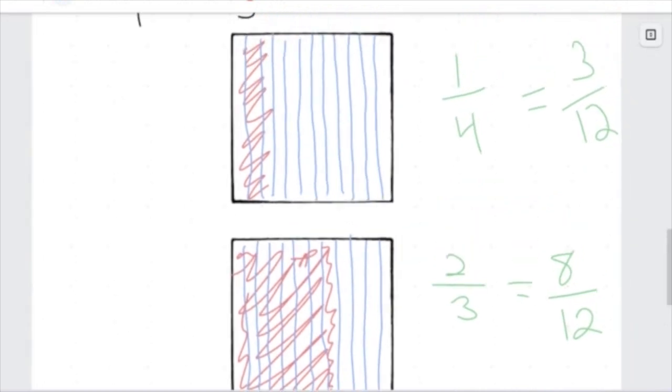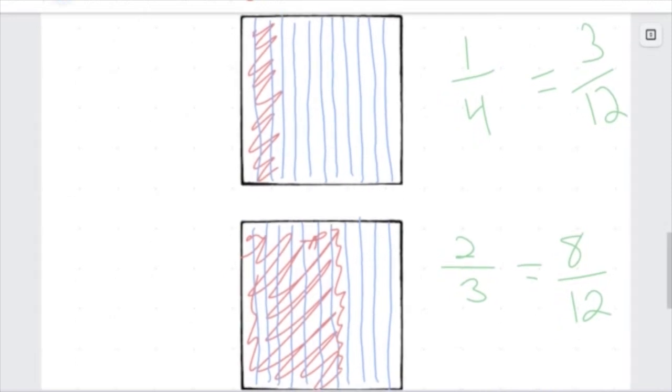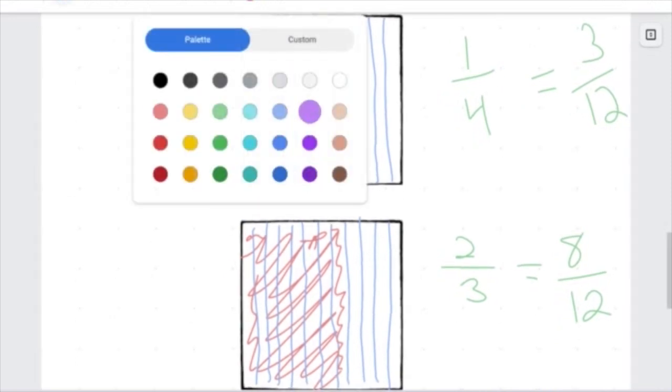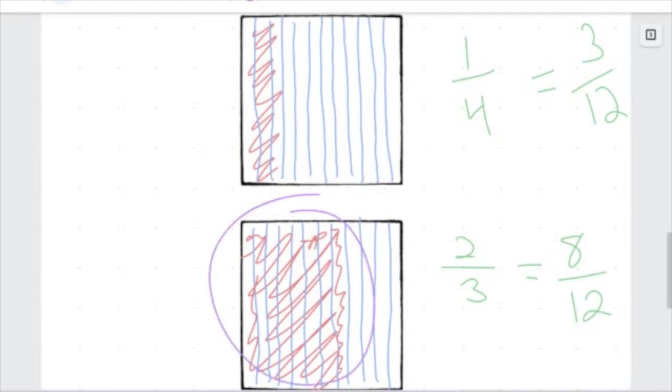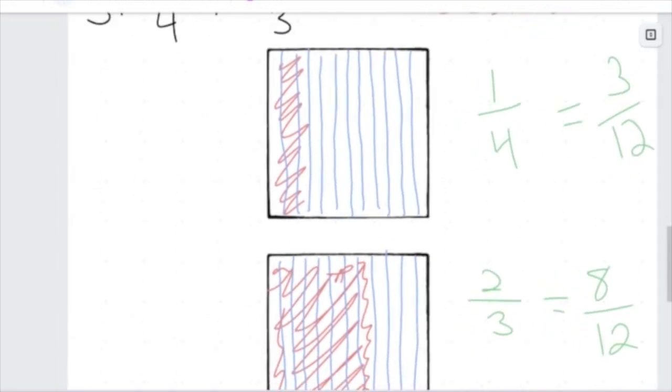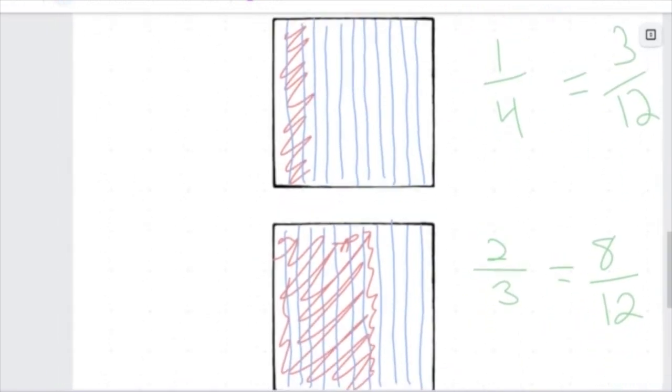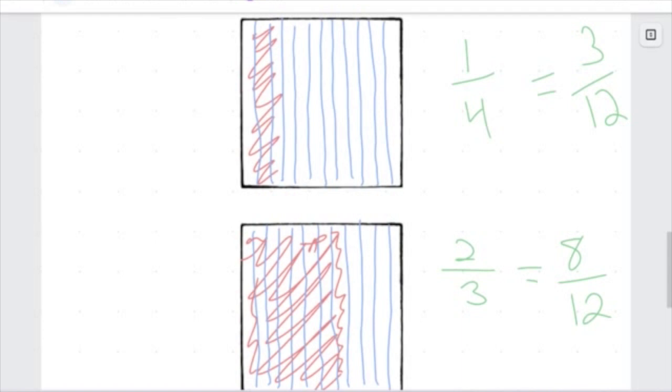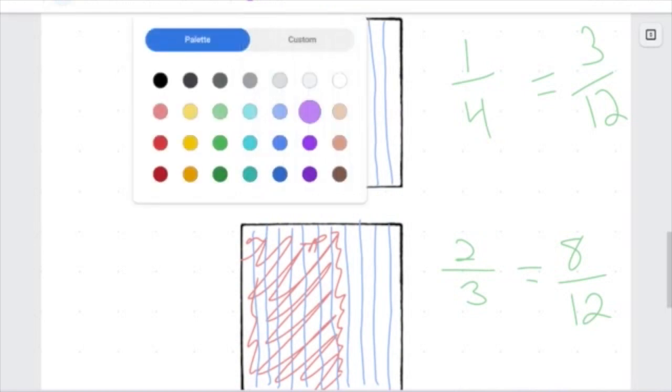So we want to see, well, how many times does the bottom, my 8/12, go into, sorry guys, my app's glitching out a little bit. We want to find how many times each of these, well, my 2/3 or my 8/12 goes into a quarter or 3/12. Now you can see which portion of my 8 shaded bits here goes into the thing on the top.